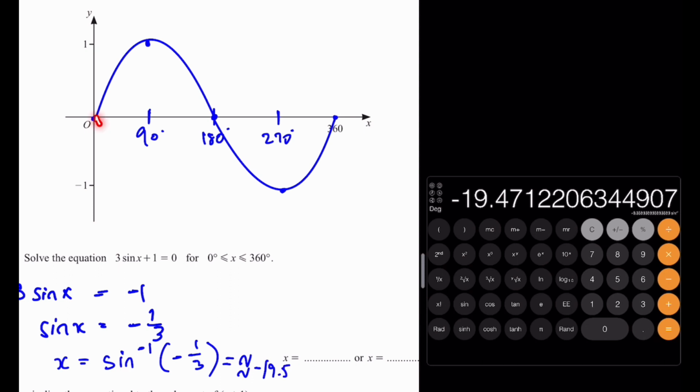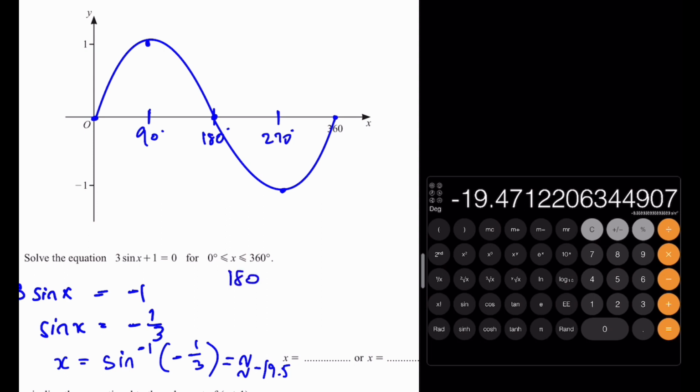We can see that the negative is like this and it only counts between 180 and 360. So it should be 180 plus 19.5, and 360 minus 19.5. And these are the two solutions.